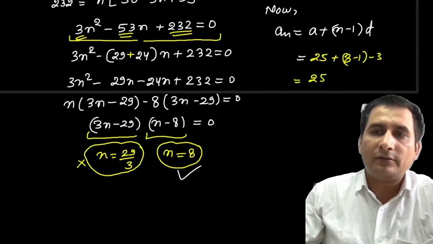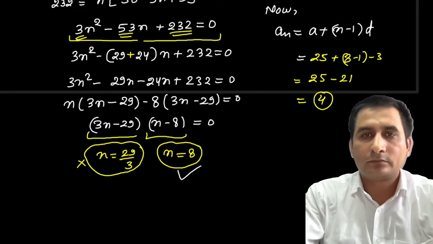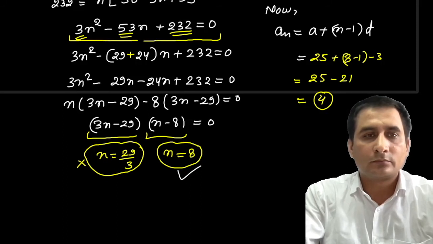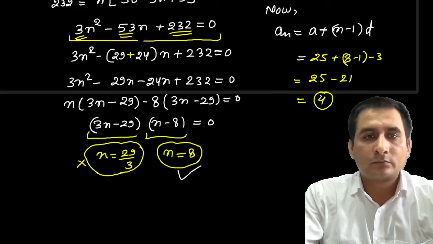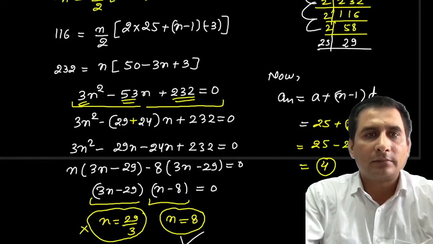So it's 25 minus 21. So the answer in this case is 4. I hope this question is clear to you. How to find the nth term.